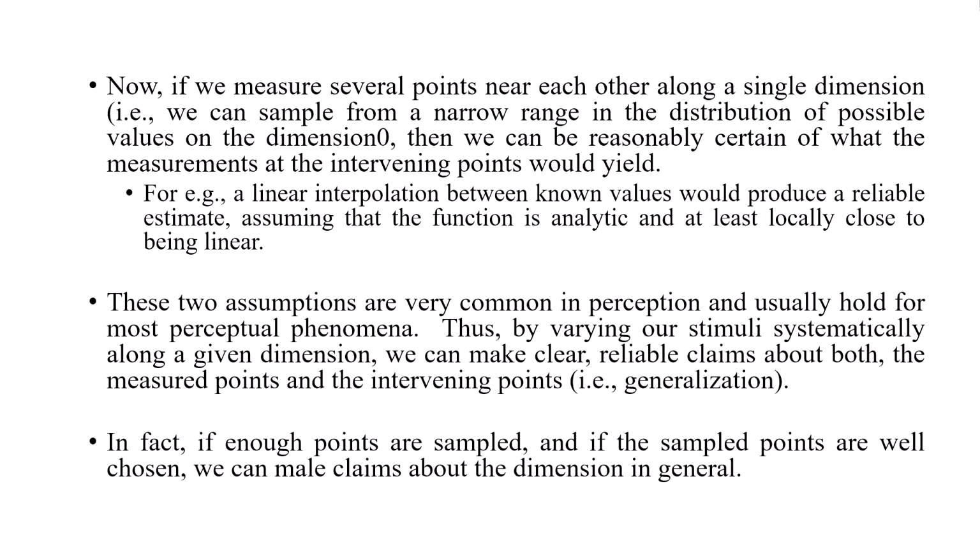Now, if we sample enough points, let us say we have 400 trials or 500 trials or 1000 trials. In psychophysics experiments, people have thousands of trials. If enough points are sampled, and these sampling points are well chosen, then we can actually make claims about the dimension in general.